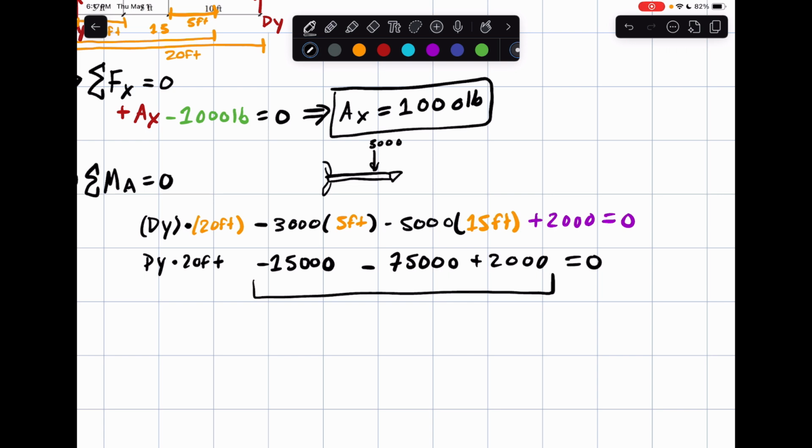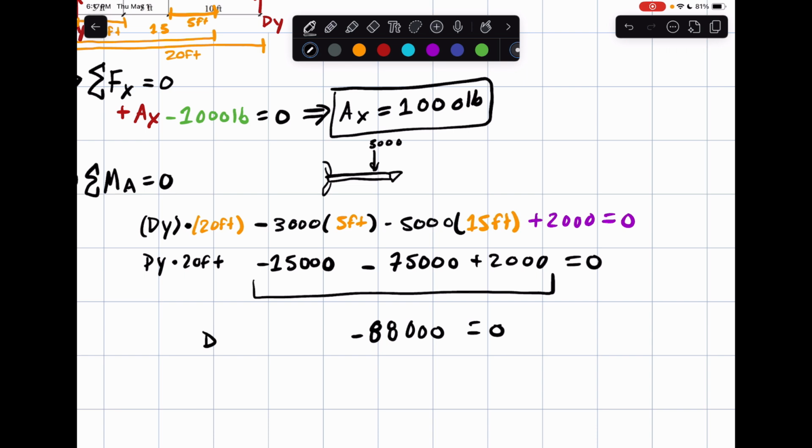So we have negative 15,000 minus 75,000, plus 2,000, is equal to negative 88,000, which is equal to 0.